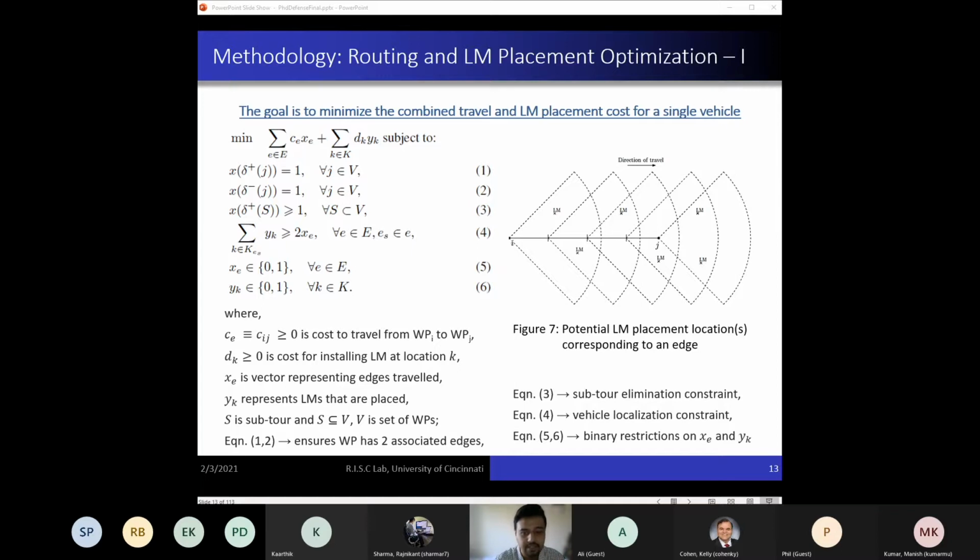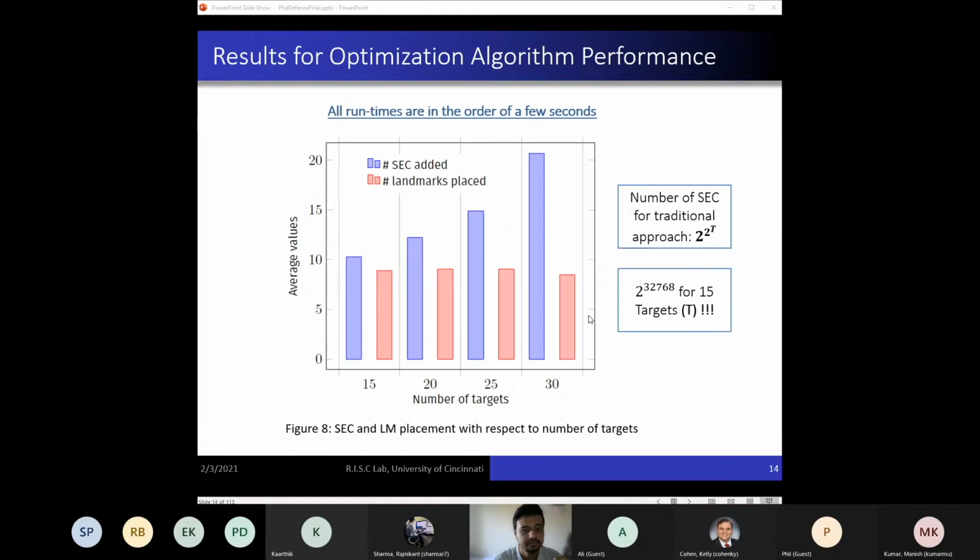Equation 4 is the localization constraint. X_e is a binary variable determining whether an edge or path between 2 waypoints is selected or not. Y_k is a binary variable that determines whether a landmark is placed at the kth location or not. C_e and D_k are associated costs for travel and landmark placement, respectively. We are using a directed graph as we are considering the field of view criteria for the sensors.